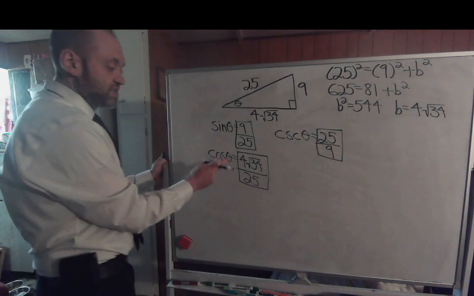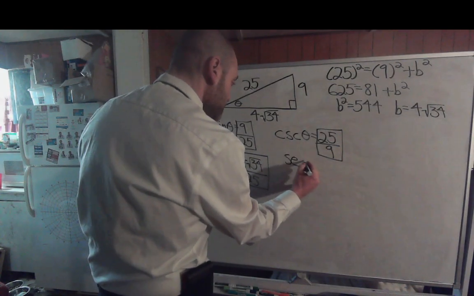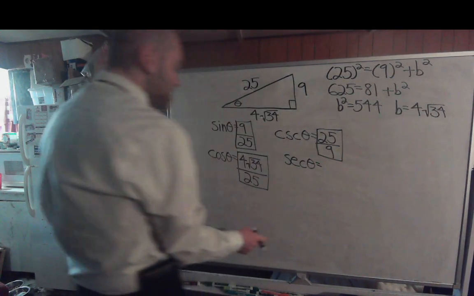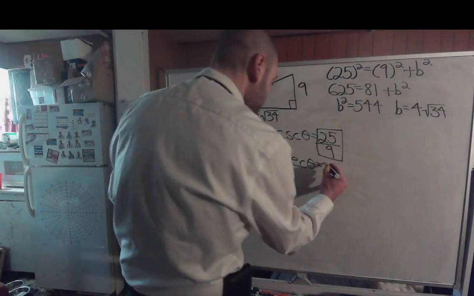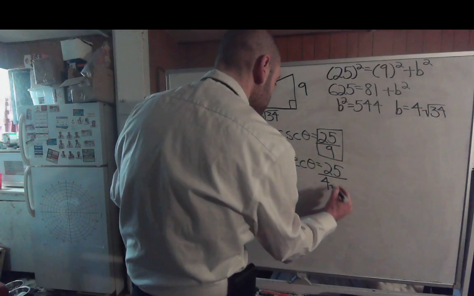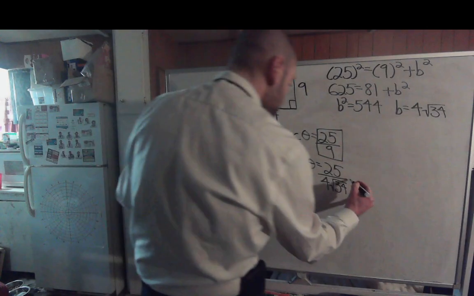Now let's find the reciprocal of the cosine, which would be the secant of theta. So the secant of theta is going to then equal the reciprocal of your cosine, so that would be 25 all over 4 times the square root of 34. Well, let's go ahead and rationalize the denominator.